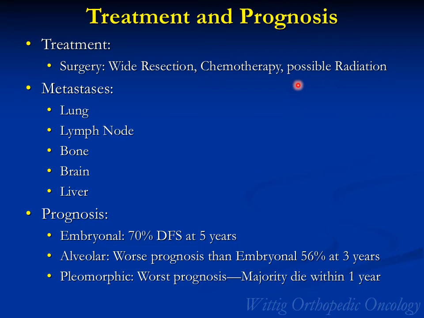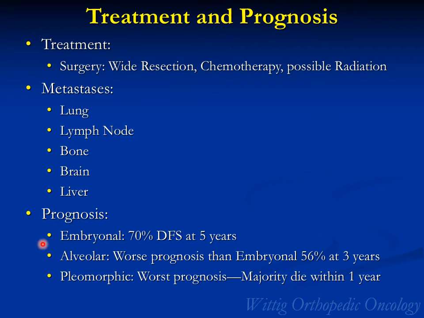It's very controversial then if you would perform surgery and/or just radiation of the area. But the mainstay of treatment would be wide resection, chemotherapy, and possible radiation, and radiation depends on the age of the patient and location. The most common sites of metastases are to the lung, the lymph nodes, the bone, the brain, the liver. Other soft tissues can be sites of metastatic disease also for rhabdomyosarcoma.